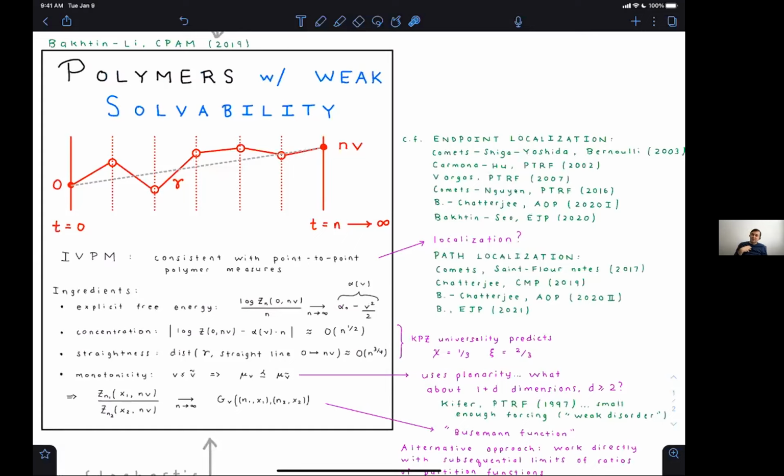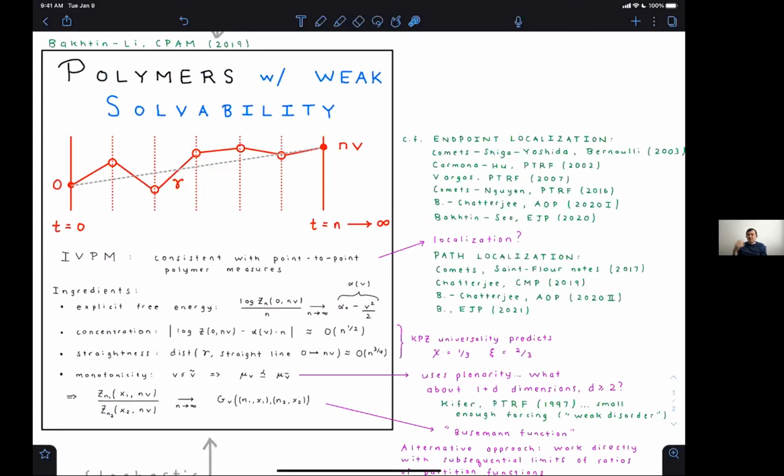Now the localization results by Bates and Chatterjee, and a version of those by my student Nunghyang Seo and myself for continuous random walks.